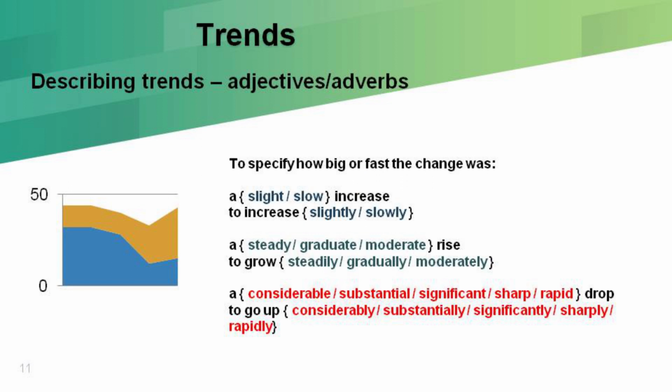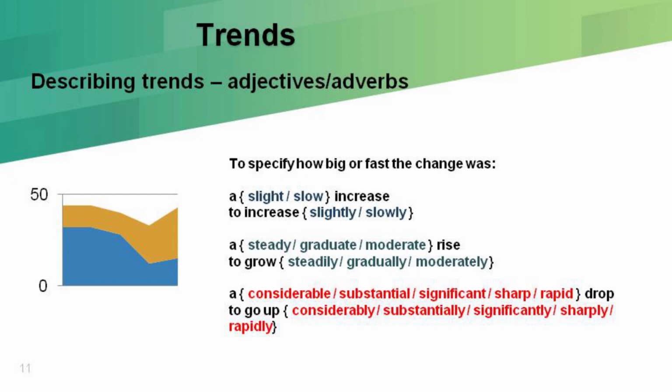I also wanted to show you some adjectives and adverbs that are very common when describing trends. They are very useful when you want to describe how big the trend is. So if you want to modify the verbs that you use, you can use the following adjectives.